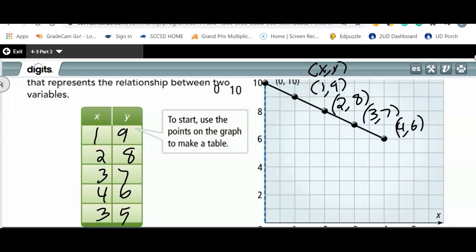You can go on. So that is how you take the information from a graph and put it into a table. You use the ordered pairs. Every graph that we give you will have points on it. Use those points to write ordered pairs, which then go into your table. Yes? It just would be 3, 5.